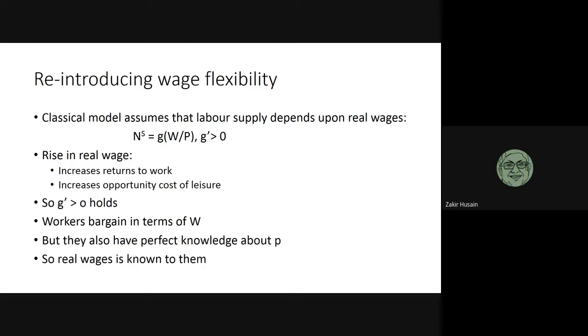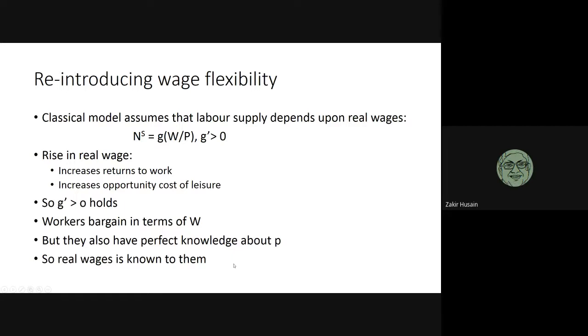The classical economists argued that the workers would bargain in terms of money wages. But because they also have knowledge about P, remember the assumption that we had made? In the classical model, you have the auction market type of bargaining and perfect information. So the workers also know what P is. So if you set W and you know what P is, you're basically bargaining in terms of real wages.